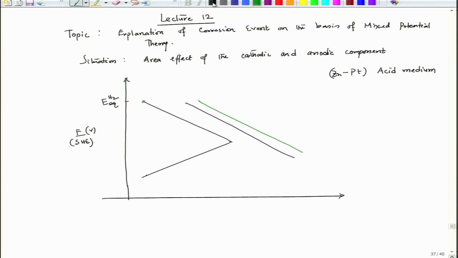So, this is I0 hydrogen over zinc, this is I0 hydrogen over platinum, and this is nothing but I0 total equal to I0 hydrogen over zinc plus I0 hydrogen over platinum, and this point is I0 zinc over zinc surface, and this is E equilibrium zinc.